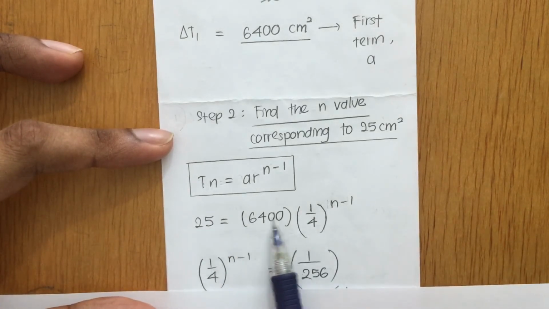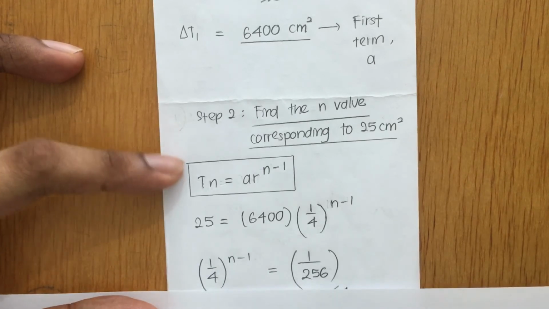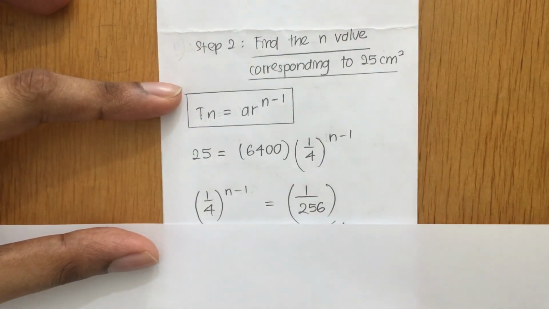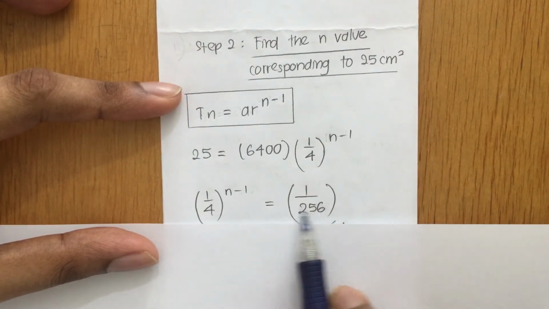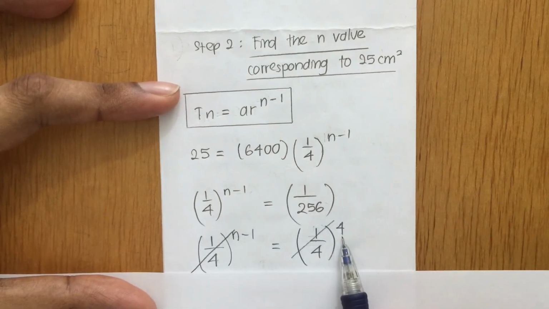25 divided by 6400, from here you get 1 over 256, and you compare with 1 over 4 to the power of n minus 1. Actually, this 256 we can simplify to base 4, guys. When you simplify to base 4, you will get 1 over 4 to the power of 4.